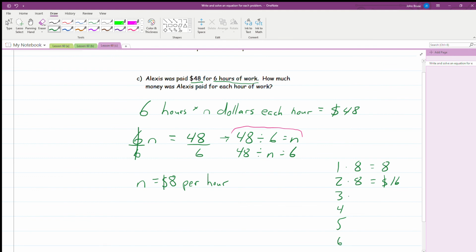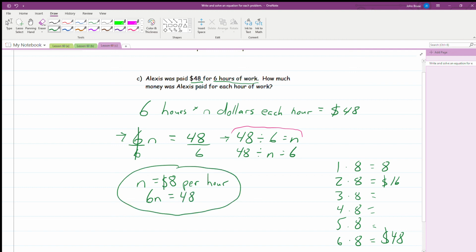So we're going to put these all times 8, and we should end up with 48. 6 times 8 is 48. So this definitely works. So he's making $8 per hour, and our equation was right here. We're going to put that down. 6n equals 48. So we got our answer, and we have our equation.